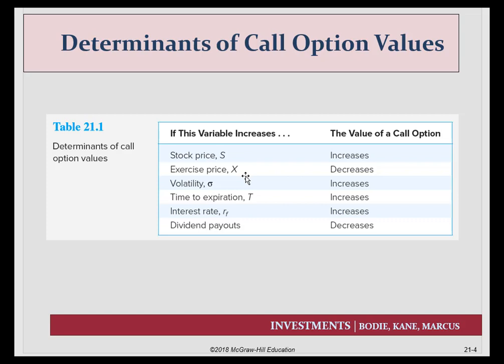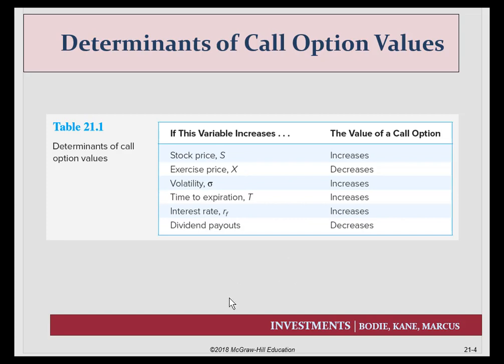We haven't talked about dividends at all, but if dividends were available, what would happen if you bought a call option and a dividend was paid? Since you don't have the stock, you wouldn't get the dividend. So if dividend payouts increase, the values of calls are going to move in the opposite direction. Again, we can figure out how this works with respect to calls.